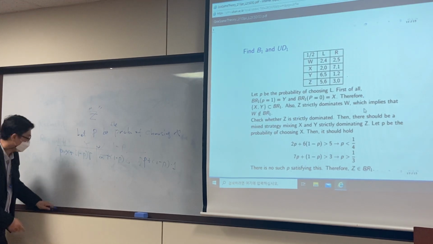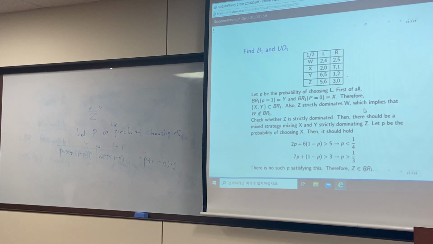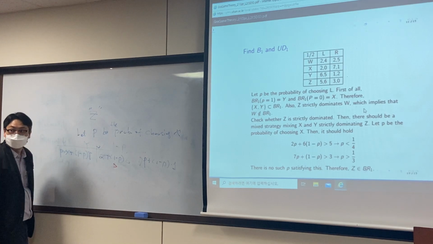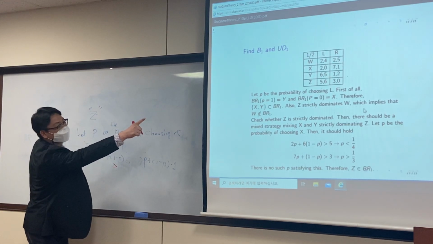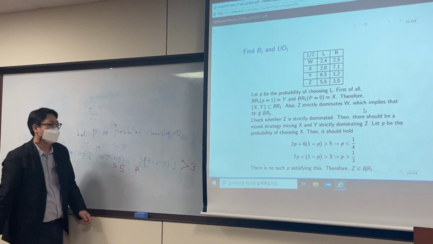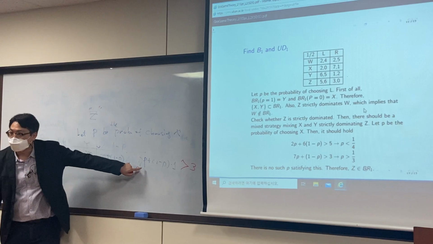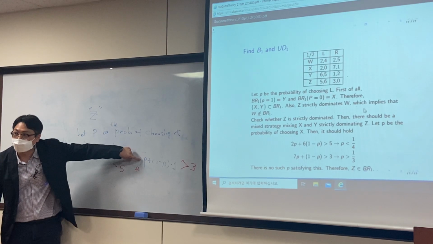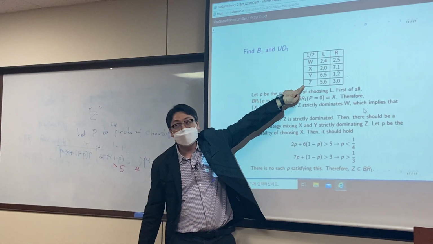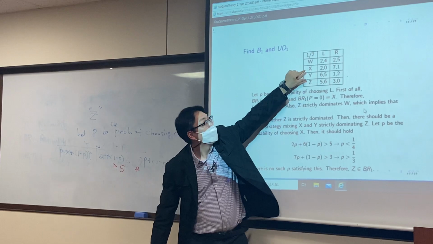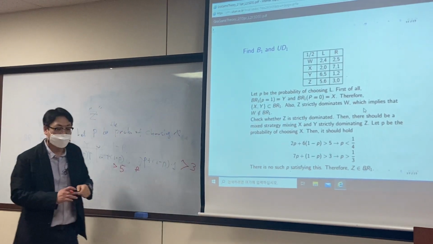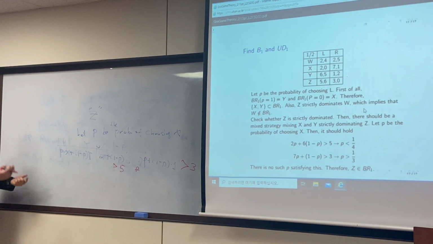If this is greater than 5, and at the same time this is greater than 3, and I can find an interval of P satisfying those two inequalities, it implies that G will be strictly dominated by the mixed strategy of X and Y. So let's find out whether there is one.